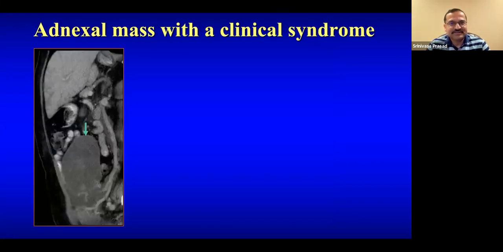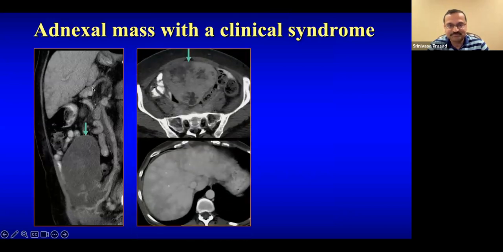Again, one of the important things is to know a particular history of a clinical syndrome. This was a patient with granulosa cell tumor of the ovary with associated Budd-Chiari syndrome.